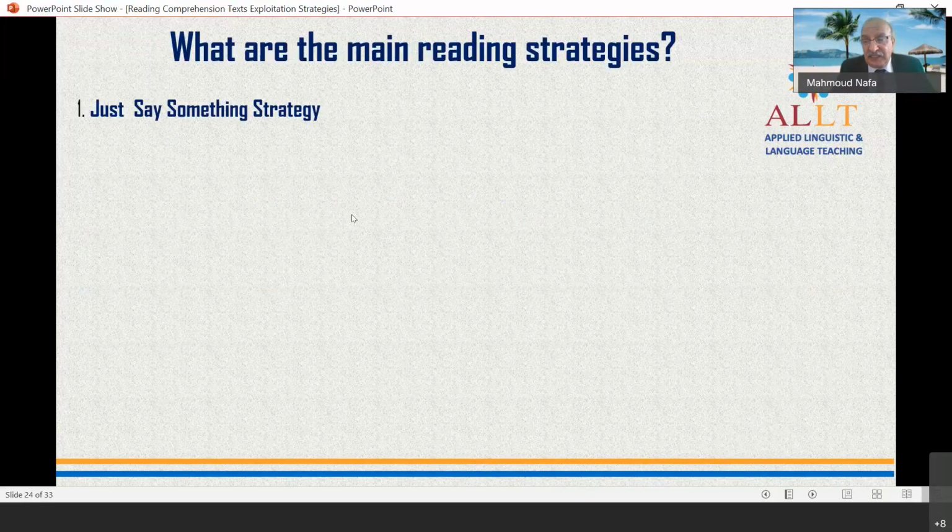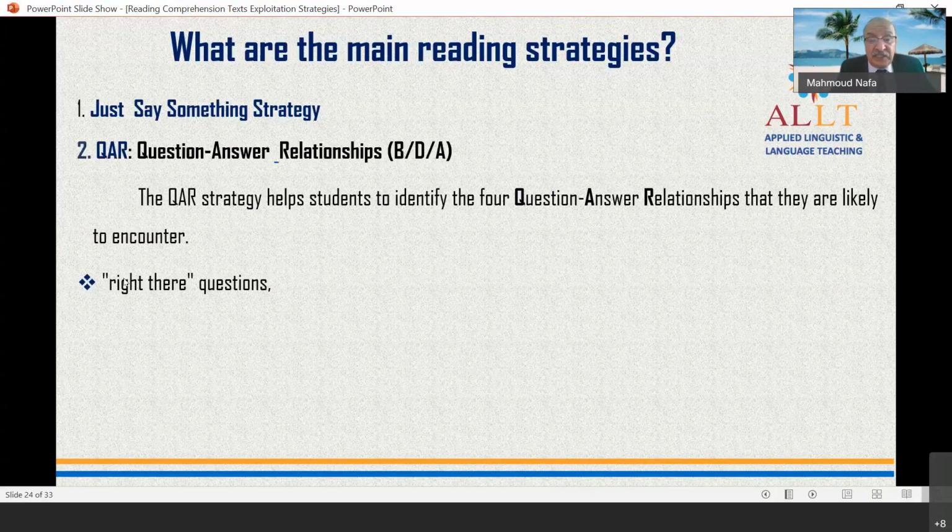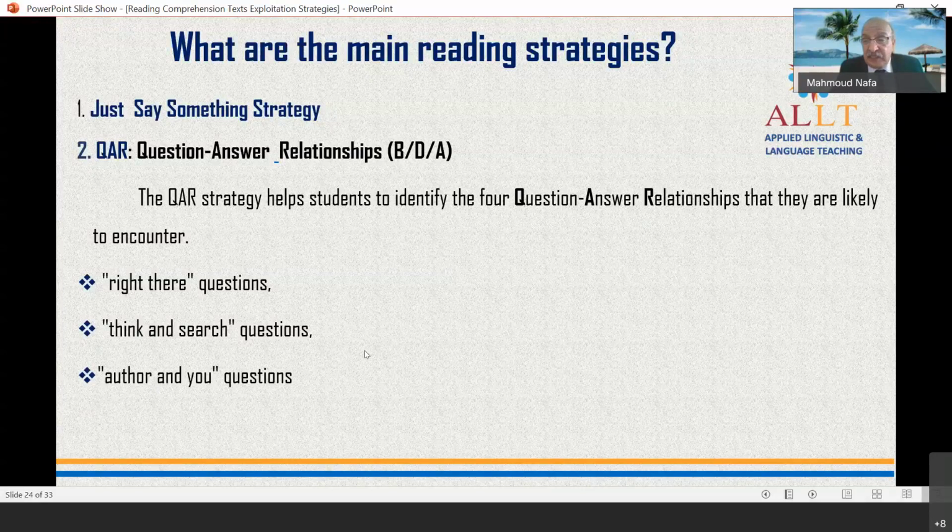What are the main reading strategies? The just-say-something strategy. Sometimes we have weak students who are afraid to express something. Just tell them, what do you know about the text? The question strategy. We will ask them simple questions, where the answers are direct in one part, or the answer is in different parts. Now, the author and you questions. If you meet the author, what questions will you ask?